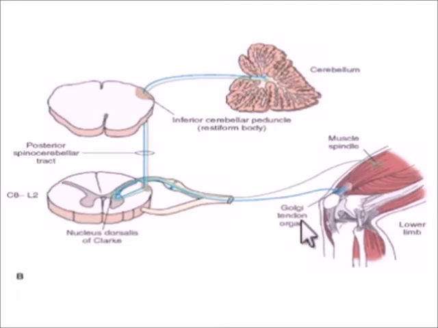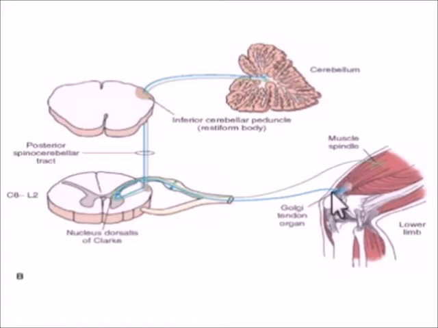The posterior spinocerebellar tract actually arises from muscle spindles and Golgi tendon organs, which are situated in the muscle and at the tendons, and these structures give information about the state of contraction of muscles, about their tension, pressure and length, as well as about the joint sense.